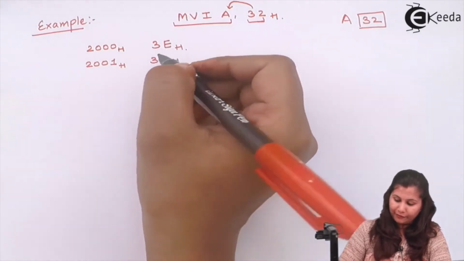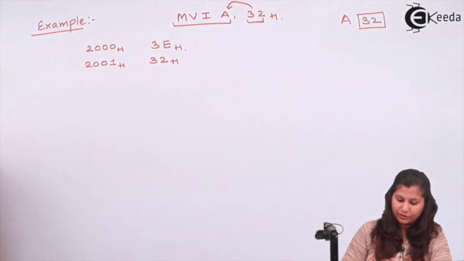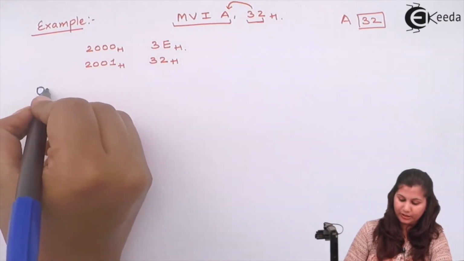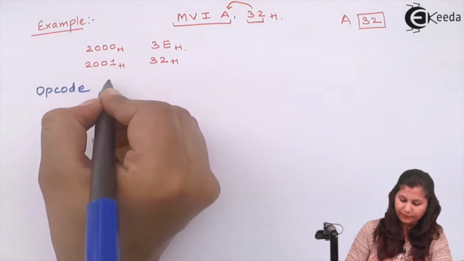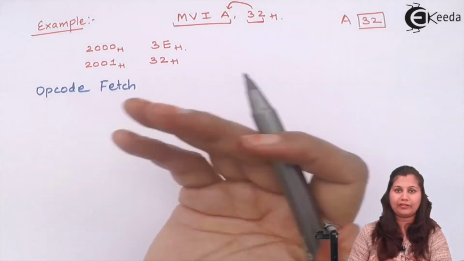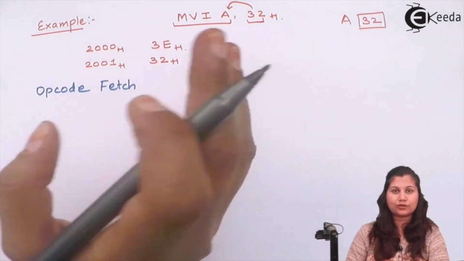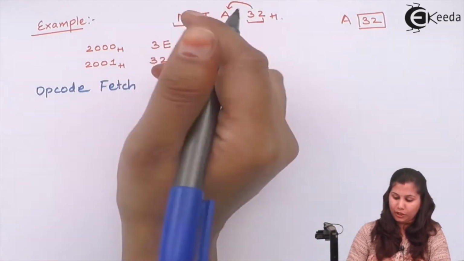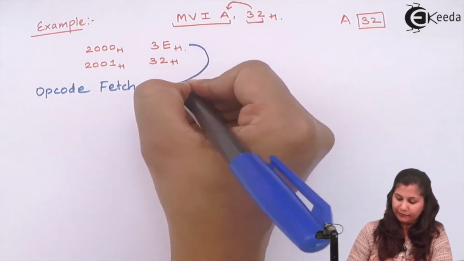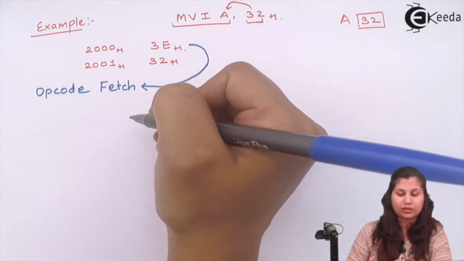The first operation associated with every instruction is the opcode fetch, because every instruction has an opcode and that opcode has to be fetched from the memory. So the first cycle will be opcode fetch for opcode 3EH.